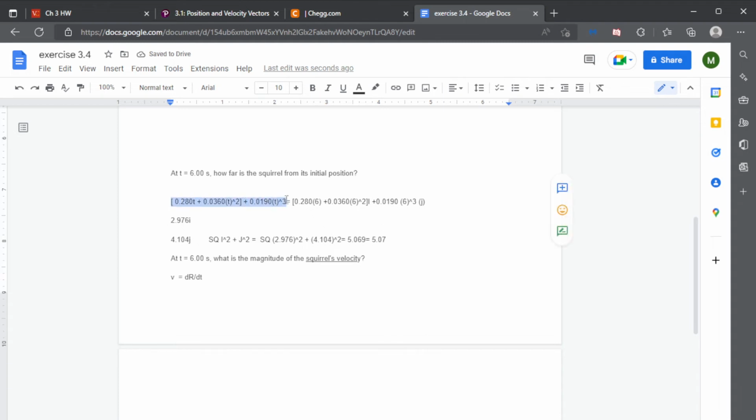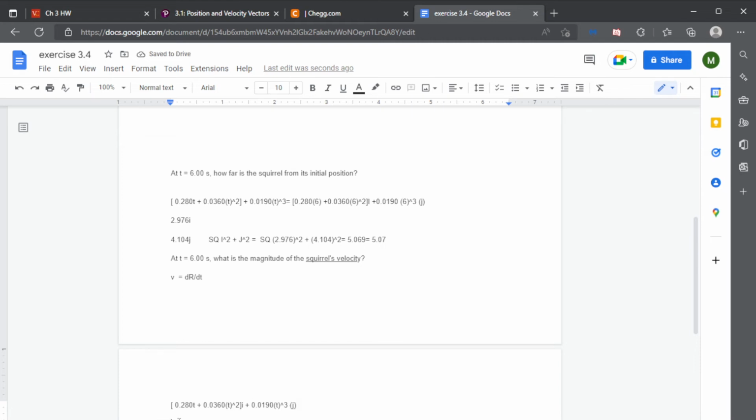I should have written it down before I recorded: 0.280 t plus 0.036 t square, and this was for i, so we'll put that here, i plus 0.0190 t cubed, and this was for j.